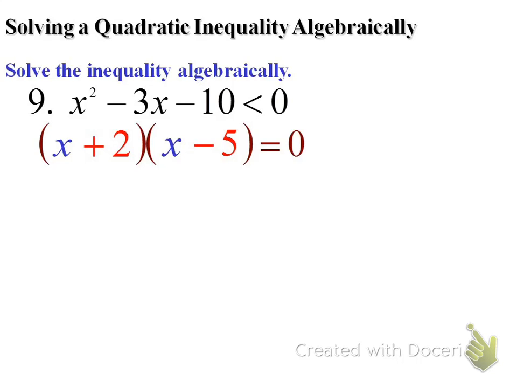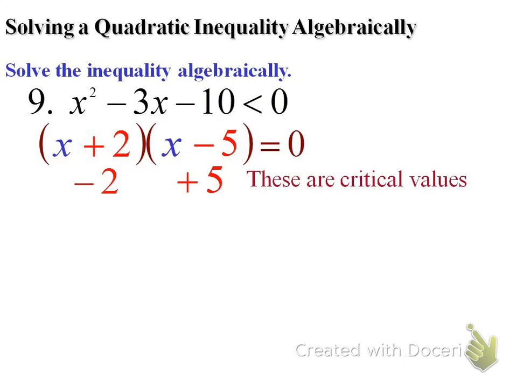So we have x plus 2 and x minus 5. So my intercepts here would be negative 2 and positive 5. We call these critical values. Critical values is kind of where a change happens. So this is where it's going to touch the x-axis. So it's either going to go from being positive to negative or negative to positive y values. So those are critical values.